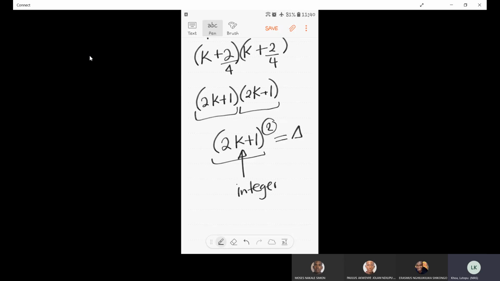You can put 0 if you like. 2 times 0 is 0 plus 1 is 1. 1 squared is 1. 1 is a square number. So this discriminant is always going to be a square number. So it meets the first condition that our discriminant is a square number, so we'll have rational roots.